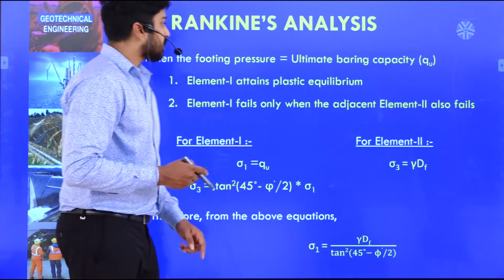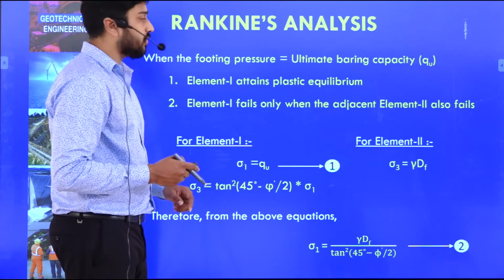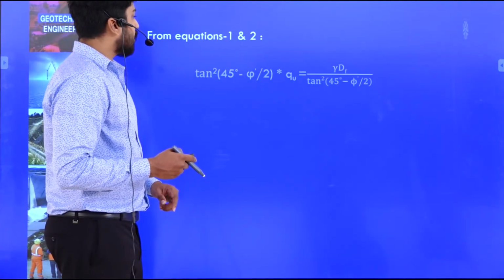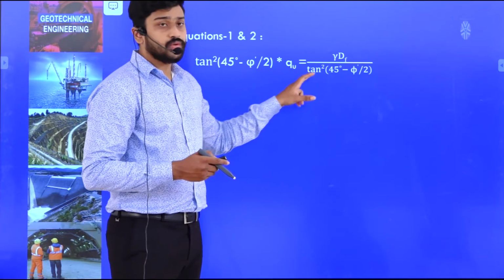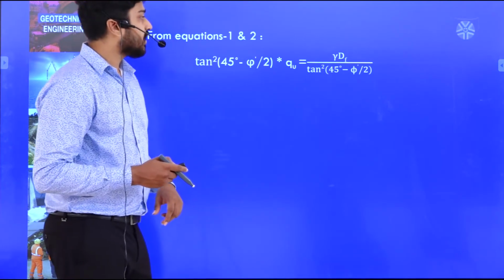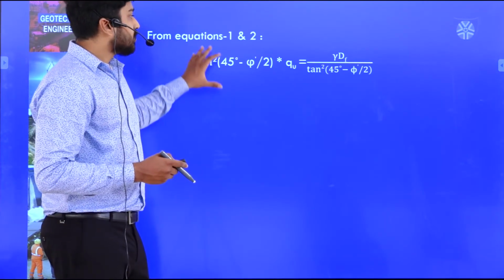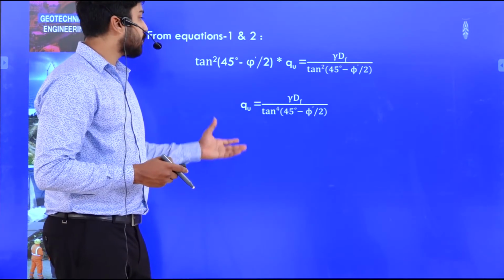So this is equation 1 and this is equation 2. Solving these two equations, we can obtain that tan square (45 degrees minus phi by 2) into qu is equal to gamma df into tan square (45 minus phi dash by 2). So from this expression, on further simplification, we can obtain qu.